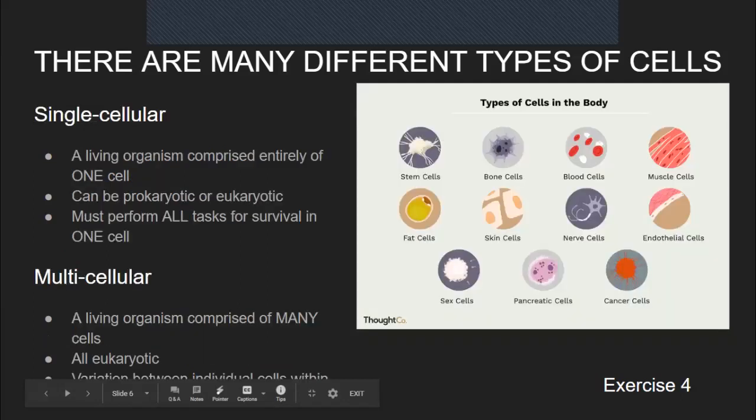So then in the next exercise, exercise 4, you start looking at some differences between single cellular organisms and multicellular organisms. Now, in exercise 1, we already looked at some single cellular organisms with the prokaryotic cells.